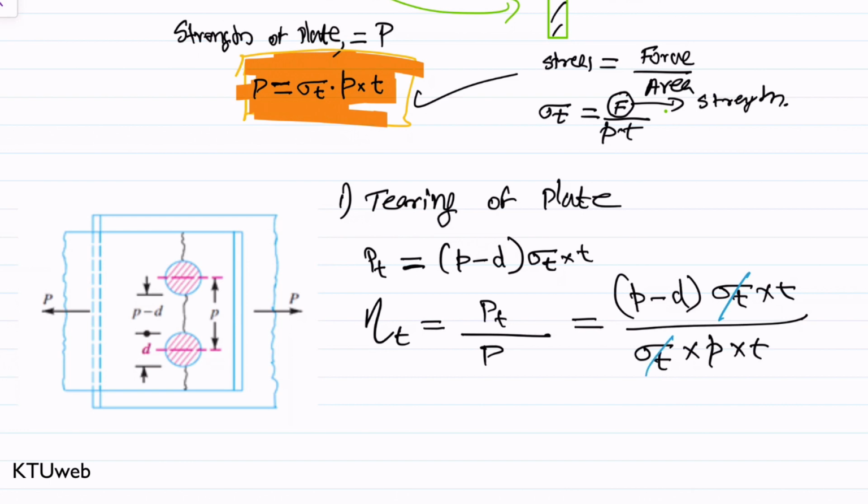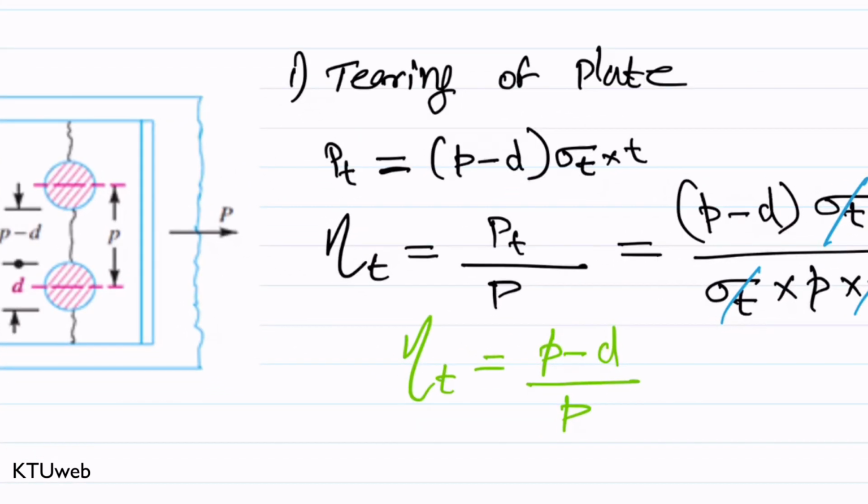Sigma T we can omit, and thickness T. We can write the tearing efficiency is equal to (P minus D) by P. So this is the equation for tearing efficiency of rivet.